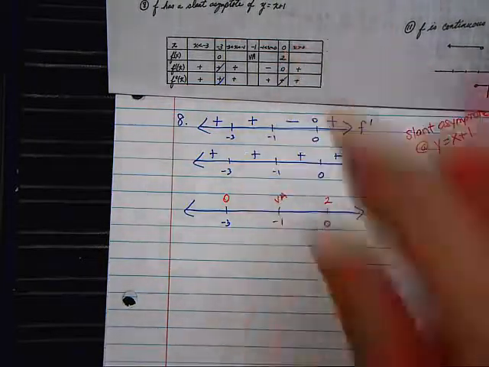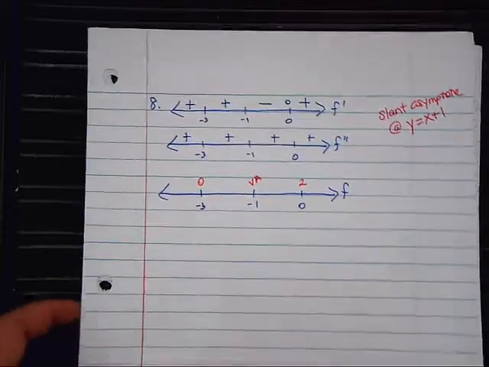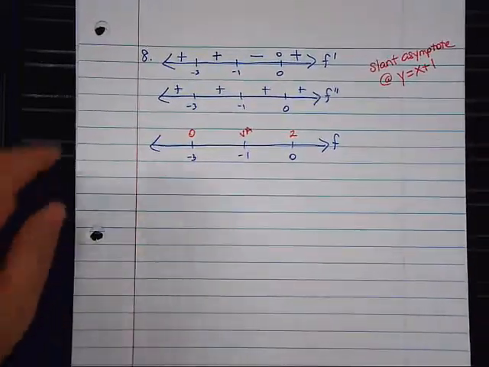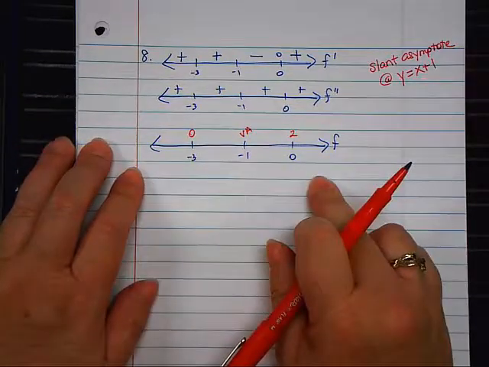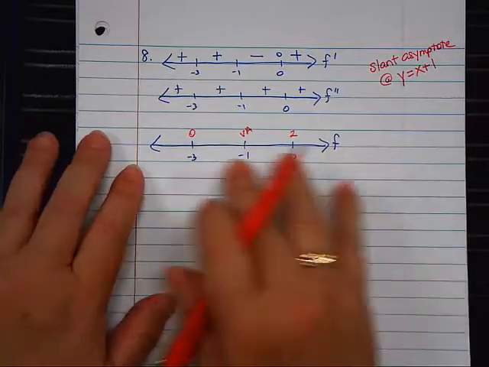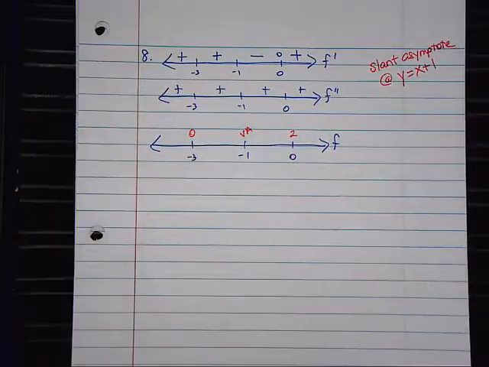Okay, I'm done with the table. I don't need it anymore, so I'm going to move it aside. And all I need is this. I want you to write the words and draw the pieces and go that far. So write the words, increasing, decreasing, concave up, concave down, draw the pieces in. You do that right now.